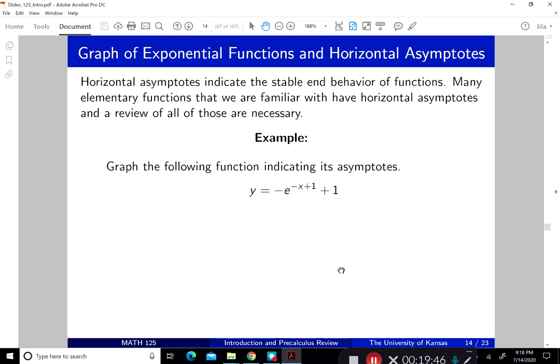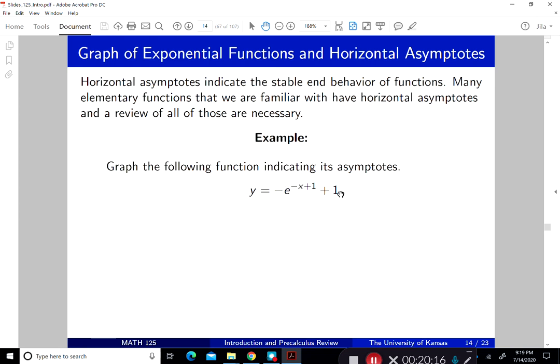Graph the following function, indicating its asymptotes. The function is y equals negative x to the power negative x plus 1, plus 1. Here, what you see is that this part is the exponential, and when the exponent goes toward negative infinity, this part is going to go to 0.